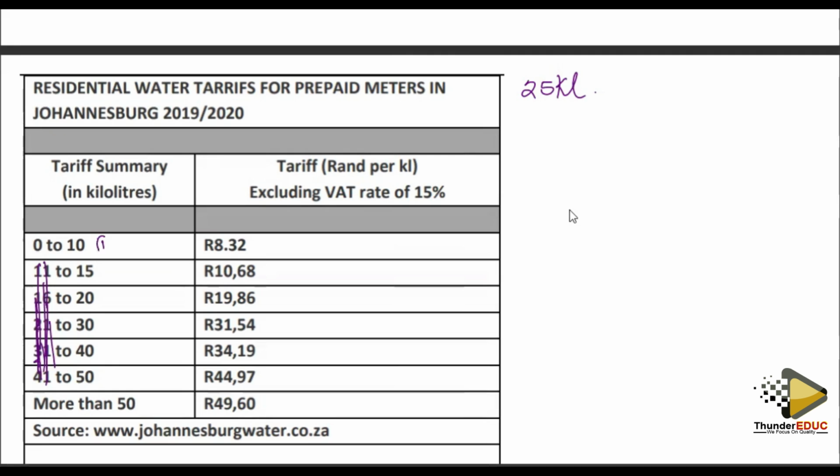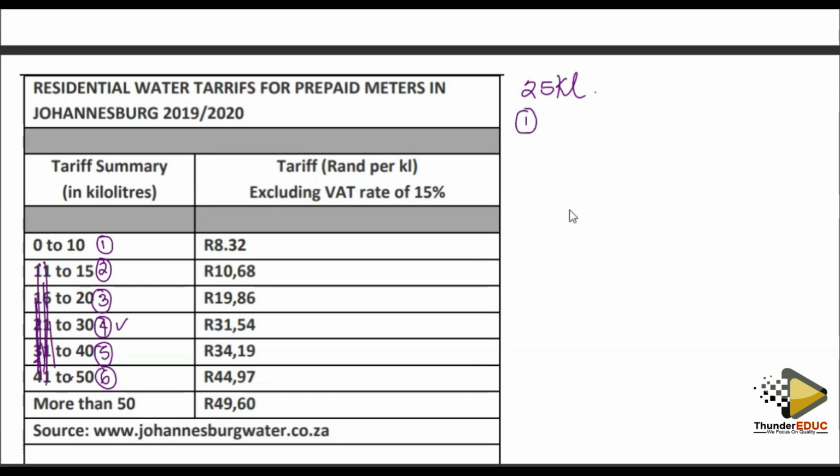We have block 1, block 2, block 3, block 4, 5, and 6. But then 25 is in block number 4. If it's in block number 4, how do we get the amount of money a person is going to pay? So we shall start with block number 1.